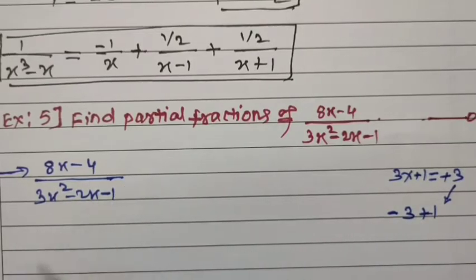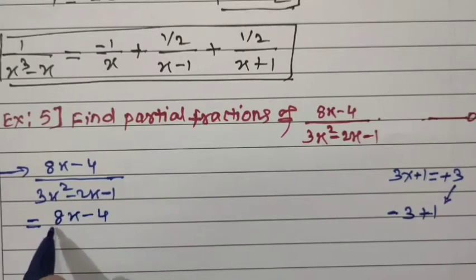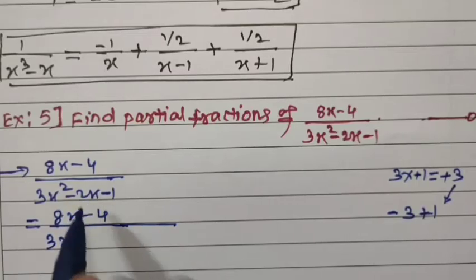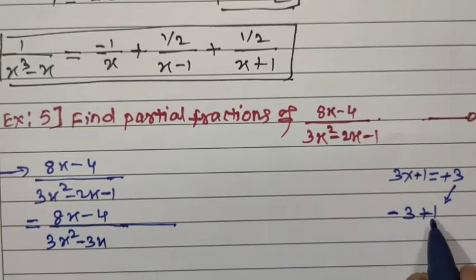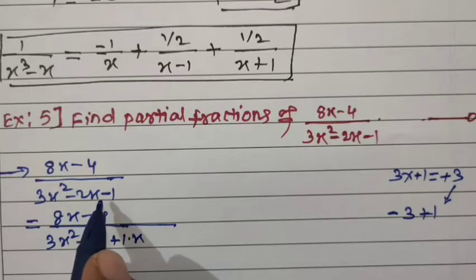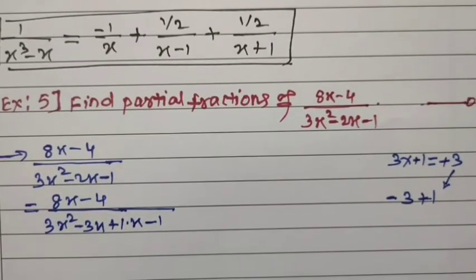So this is equal to, let us put here numerator as it is, denominator we can write 3x square minus 2x, we can write minus 3x plus 1x, and this minus 1. Okay, now first two terms you can take 3x common, and from these two terms you can take 1 common.